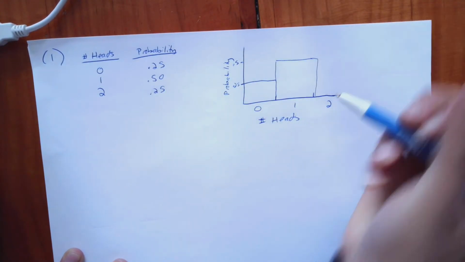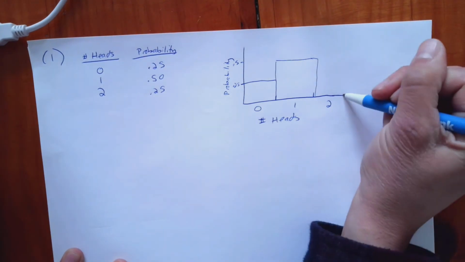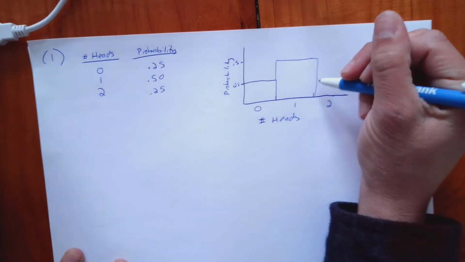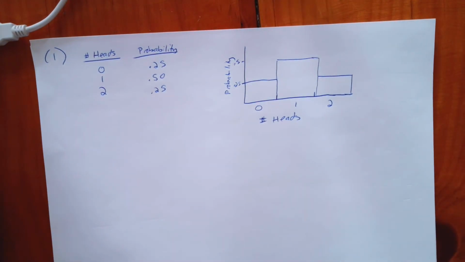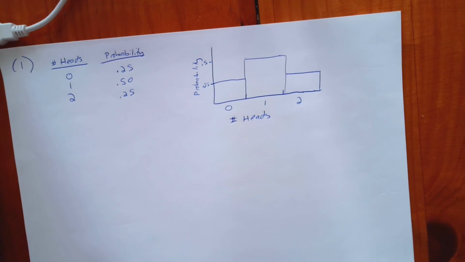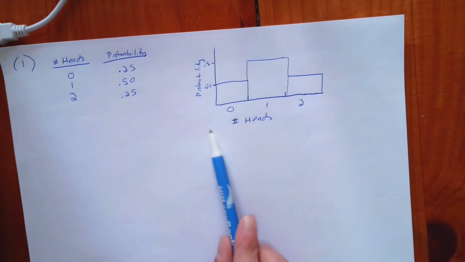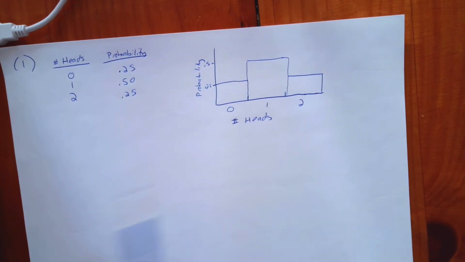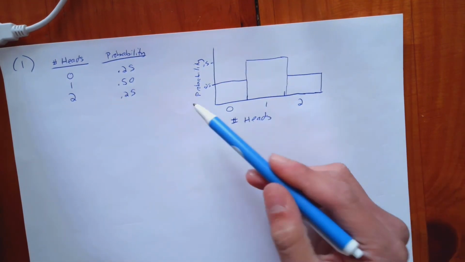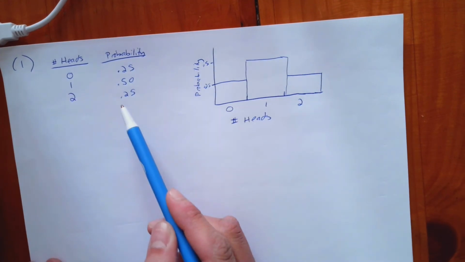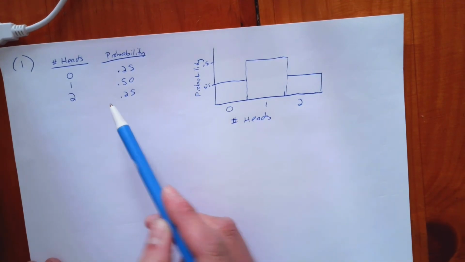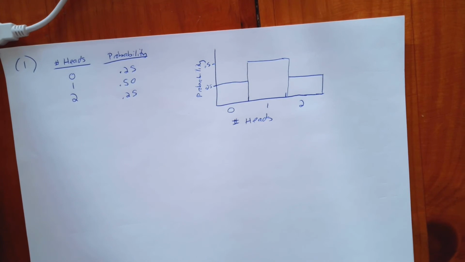And for 2 heads, finally, we have a probability of 0.25 again, so we put a bar here for 0.25. This should be relatively straightforward, and what we have is a graph showing our possible outcomes of this probabilistic event and the probability of getting each one. So we just turned this probability distribution from numbers into graph form.